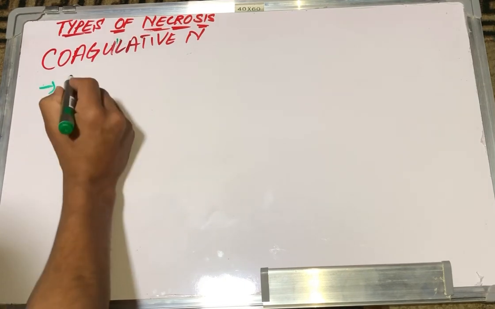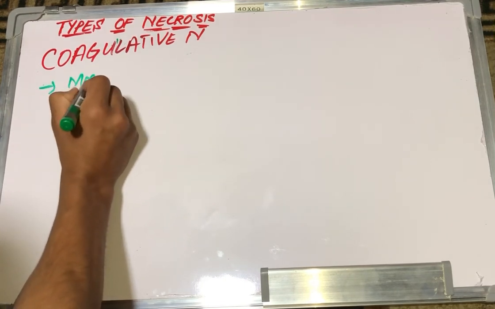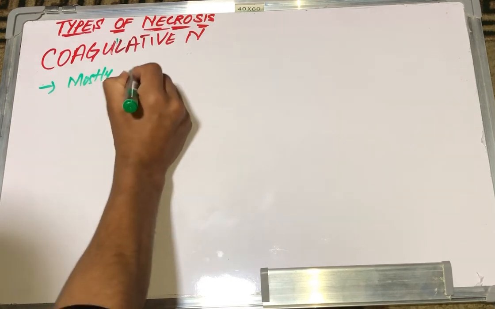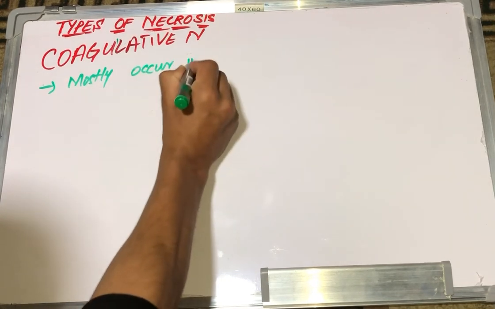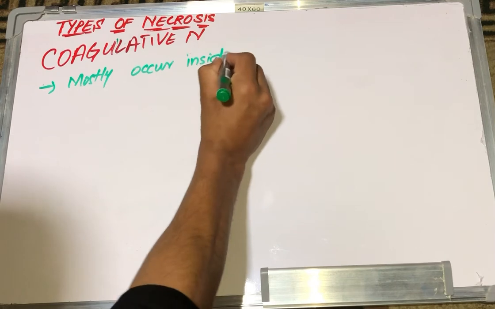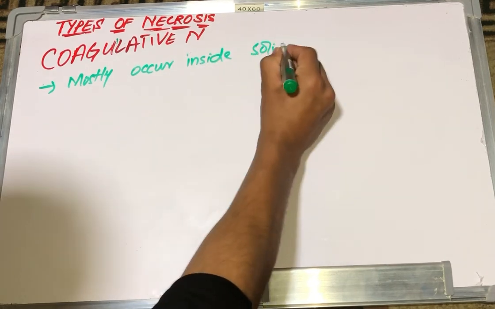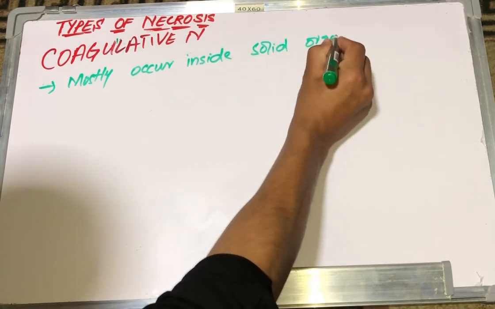Coagulative necrosis mostly occurs inside solid organs.